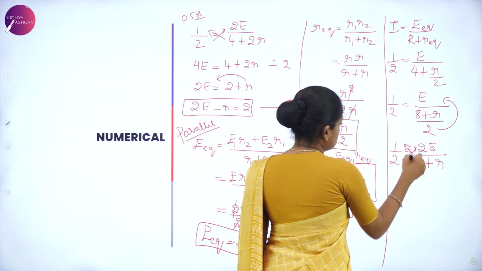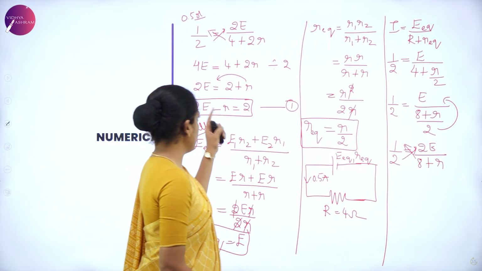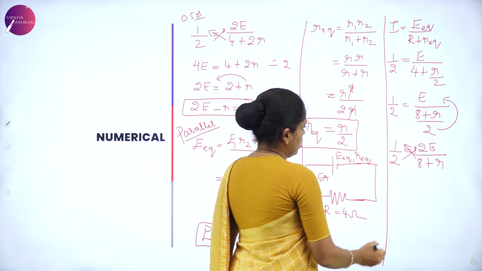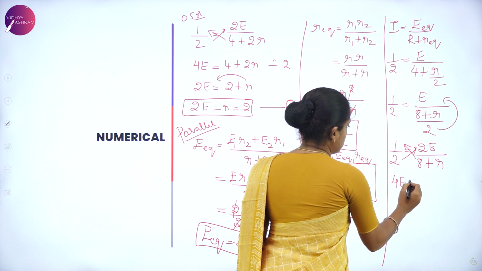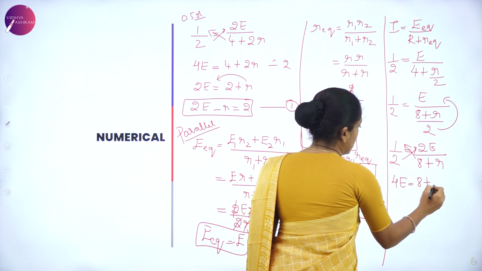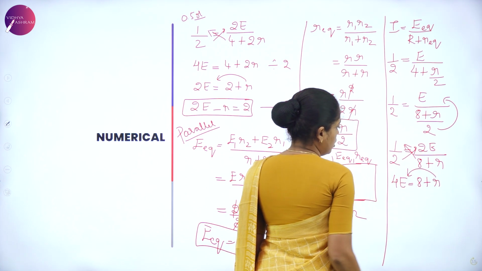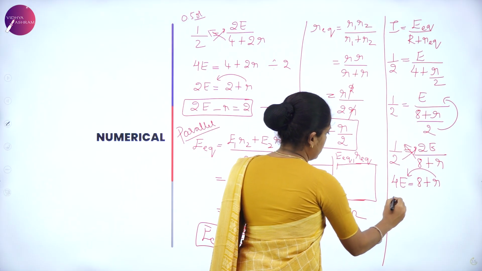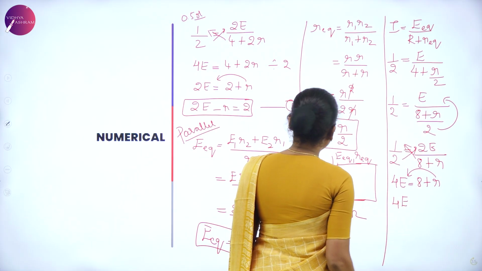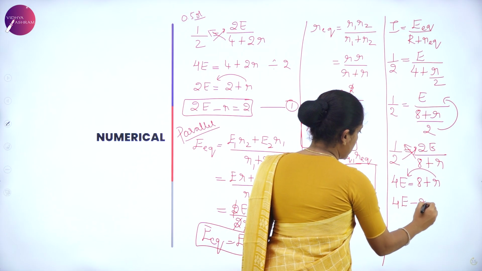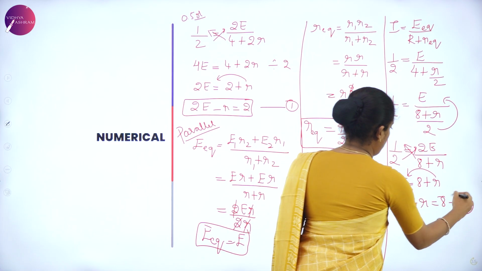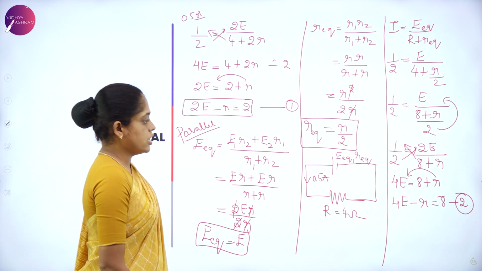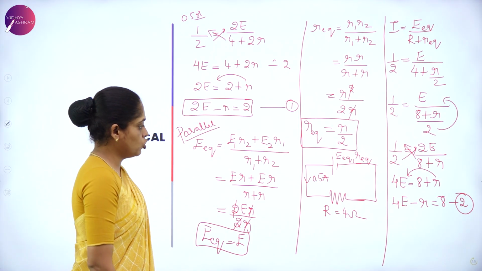Now take the reciprocal of this, then 1 by 2 is equal to 2E by 8 plus R. Cross multiply this to get the equation in the form of E and R. Then 2 into 2, 4E is equal to 8 plus R. Taking R towards the LHS, we have the equation 4E minus R is equal to 8. This is equation 2. Now let us solve equation 1 and equation 2.